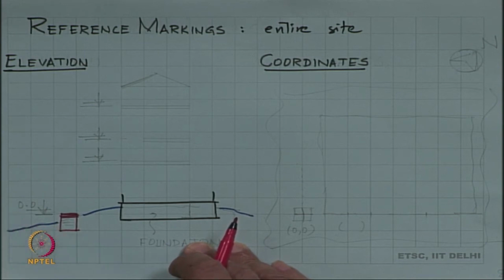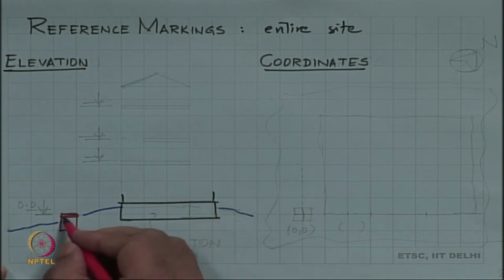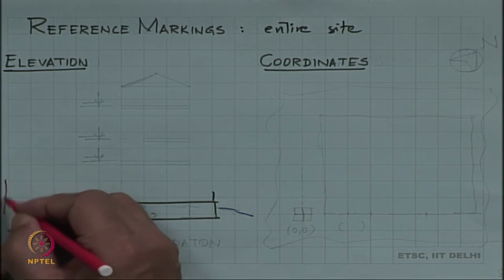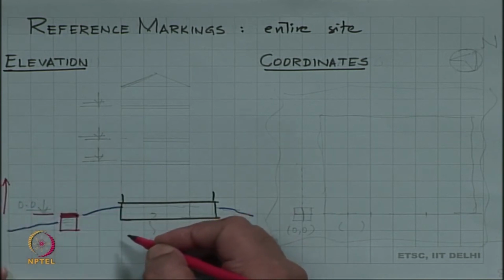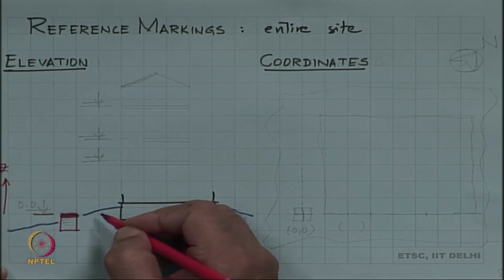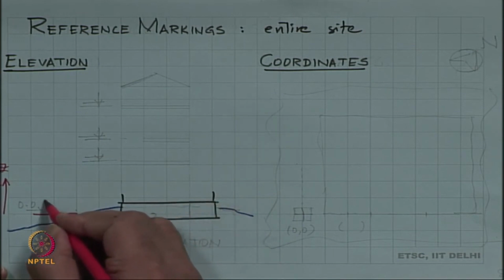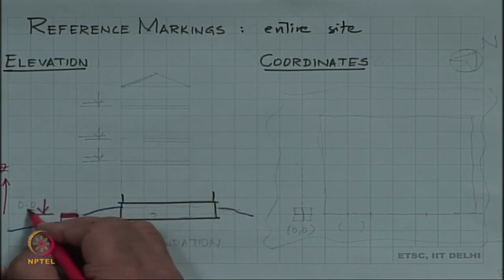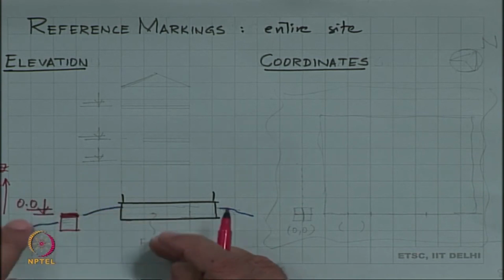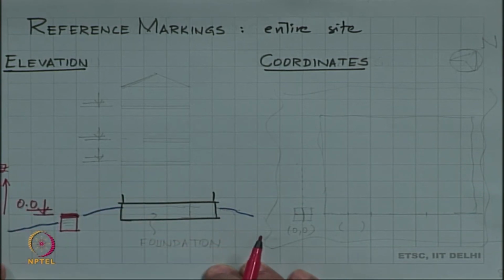So, this is accurately placed based on various measurement techniques, and this becomes our reference point for the vertical direction. We may call it the Z direction, and the symbol to show that this is our reference is an arrow like that, where we write 0.0. That means this is our reference elevation.